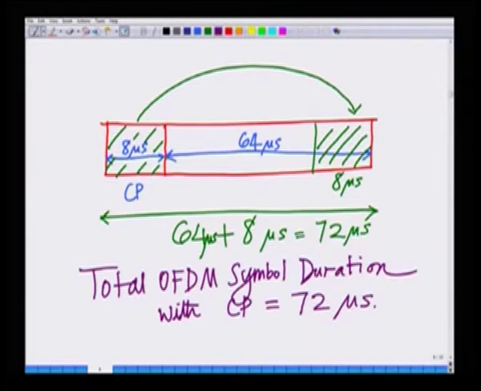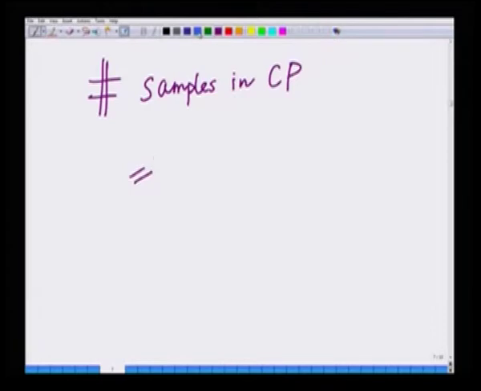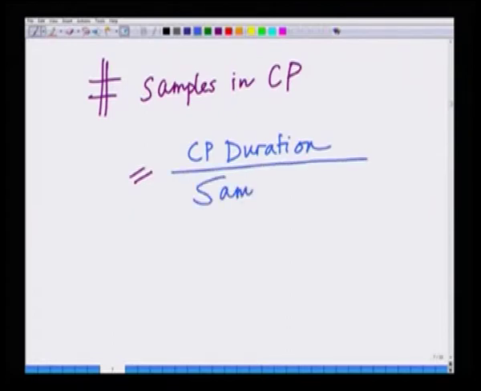Now, what is the number of samples in this cyclic prefix? That can also be computed. The number of samples is nothing but the CP duration divided by the sample time.